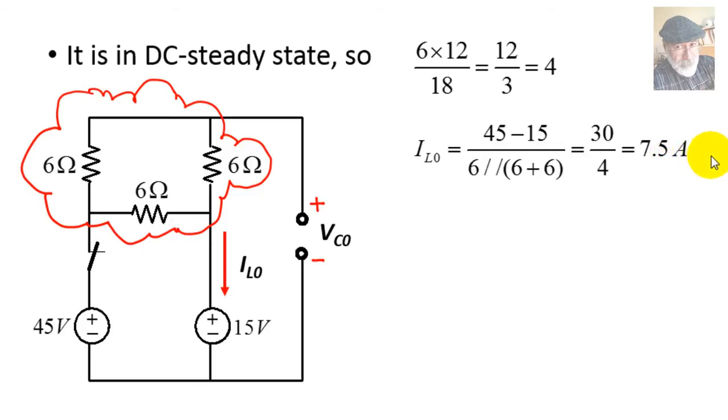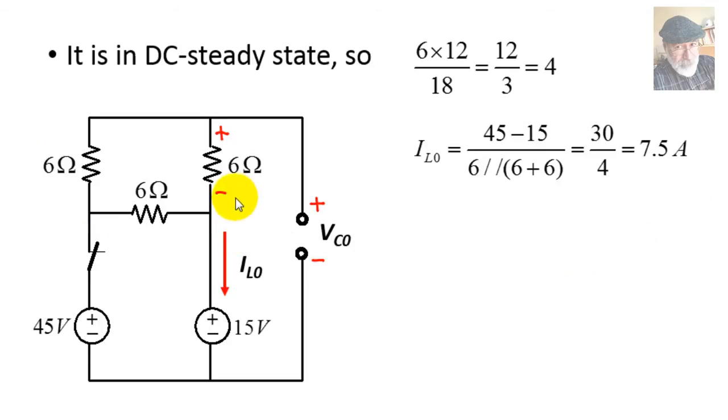That is IL(0). What about VC(0)? Well, if only we knew the voltage in this 6 ohm resistor, VC(0) would be 15 plus that voltage. But that voltage would be easy to find if we also knew this current Ix. That voltage would be 6 times Ix.